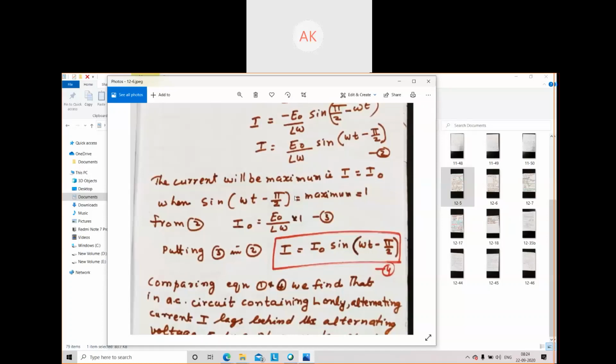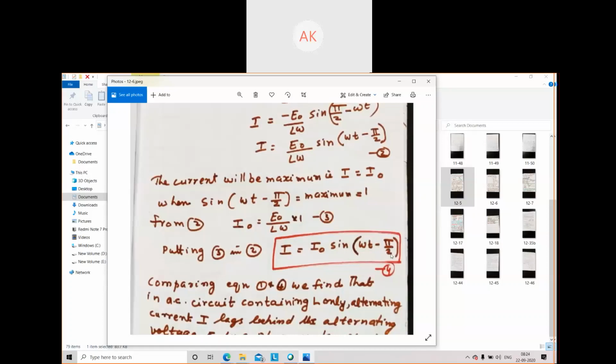And now we are going to find the phase difference between current and voltage. Voltage equation E equal to E0 sin omega t. And we got the expression for current I equal to E0 by L omega, which we have taken as I0. So I equal to I0 sin omega t minus pi by 2. We can see omega t minus 90 degrees or pi by 2.